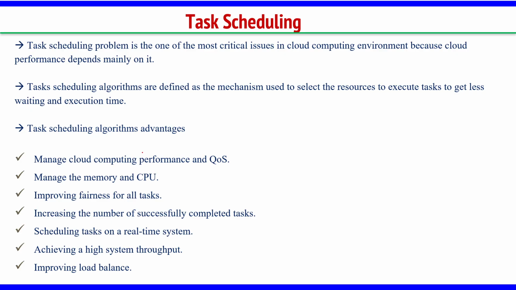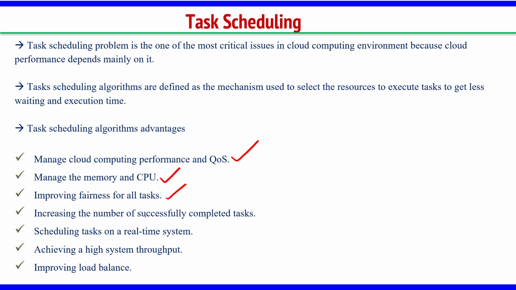So, what benefits do we get with these task scheduling algorithms? We can manage the cloud computing performance and quality of service, like response time, throughput, all those parameters. Manage the memory and CPU. You can effectively manage the memory because you are scheduling it properly. Improving fairness for all the tasks, so you are giving equal importance to all the tasks. You are not giving priority to someone coming from a bigger organization.